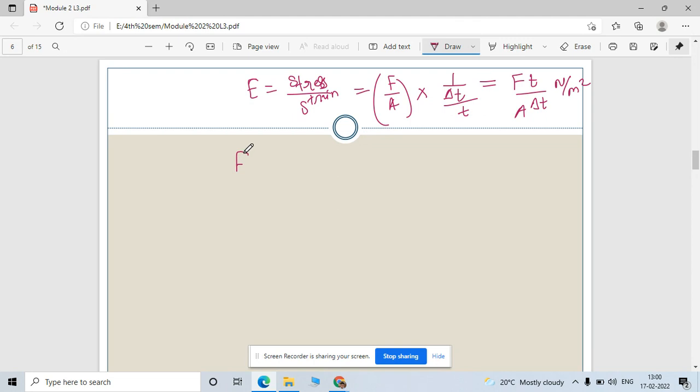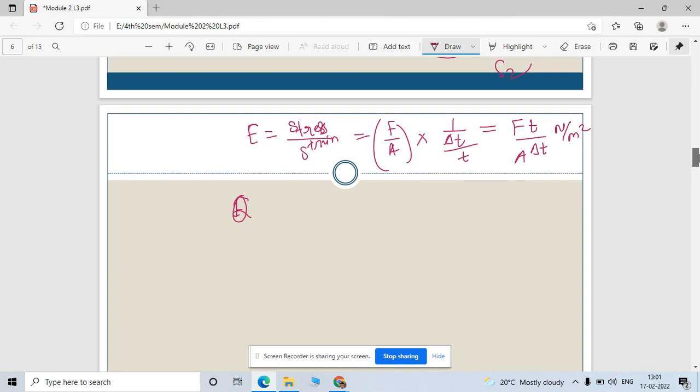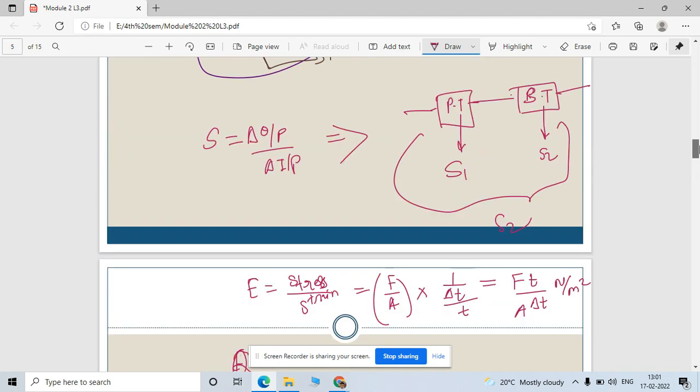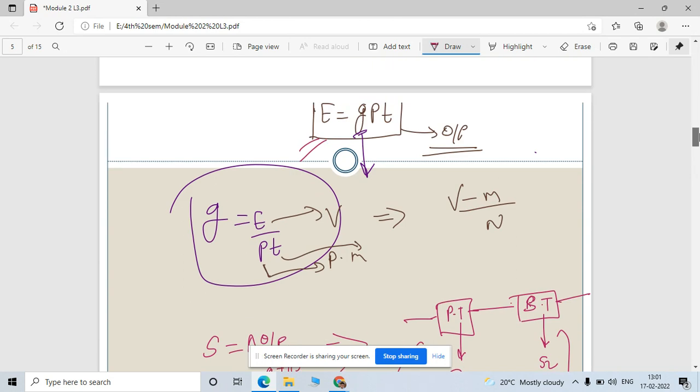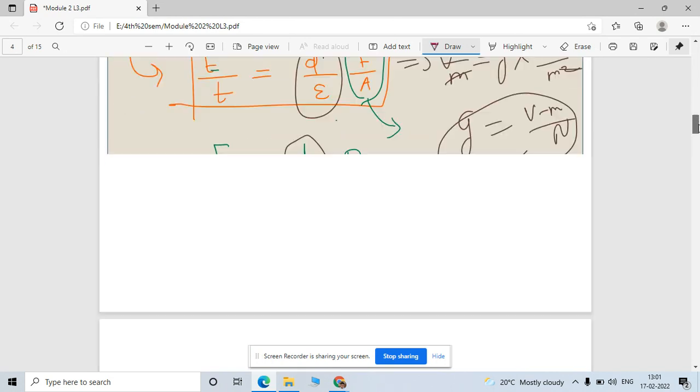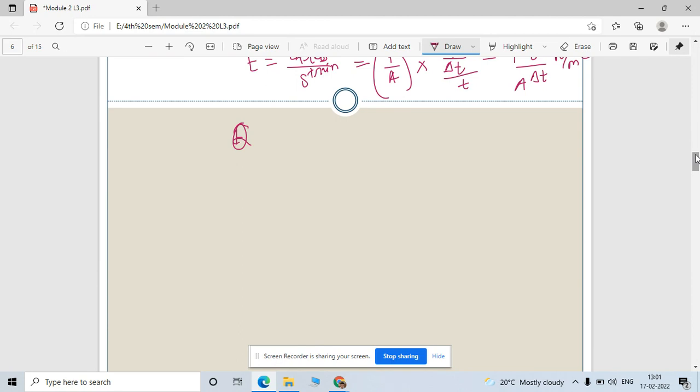Charge is nothing but, for this crystal, if we are taking different charge densities, force is also defined in terms of this charge density and force. So q is nothing but d into f. You can define it from here also. The unit is coulomb per newton.